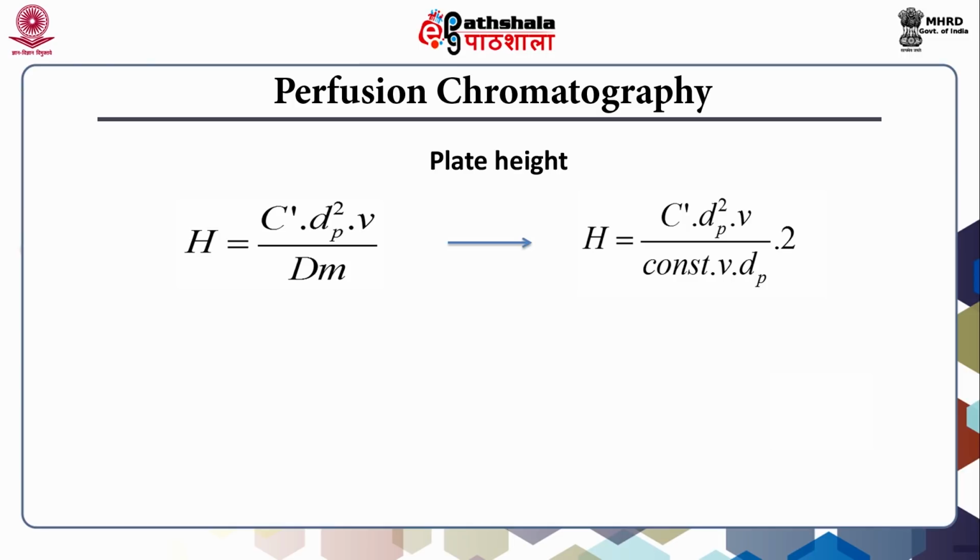That means the theoretical plate height in perfusion chromatography is not dependent upon the flow rates. So, whatever the flow rates may be, we can separate the molecules in perfusion chromatography, because the connective component is the most important thing in perfusion chromatography.